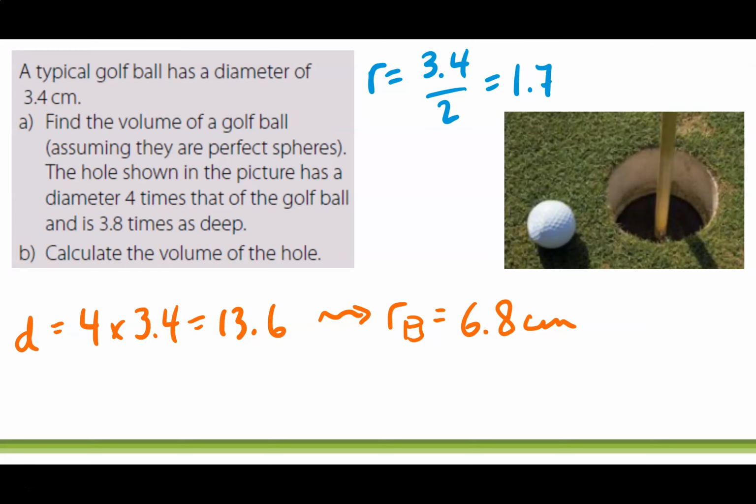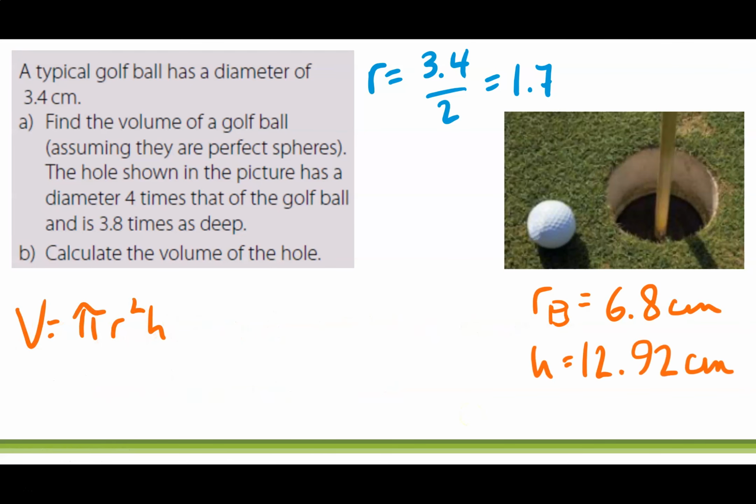Therefore, I conclude that the diameter of the golf hole is 13.6 centimeters. Therefore, its radius is half of that, or 6.8. I also know that they said that the golf hole was 3.8 times as deep. So I take the diameter of the golf ball, multiply by 3.8, and I get 12.92.